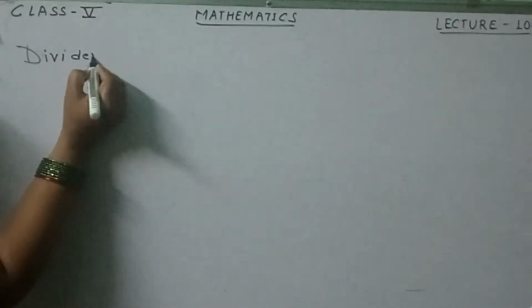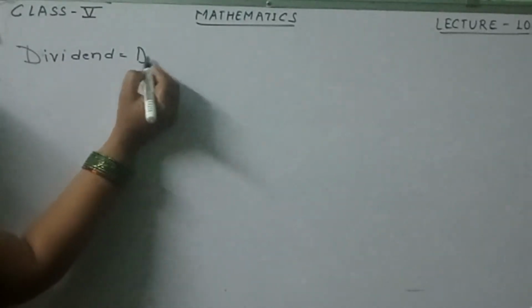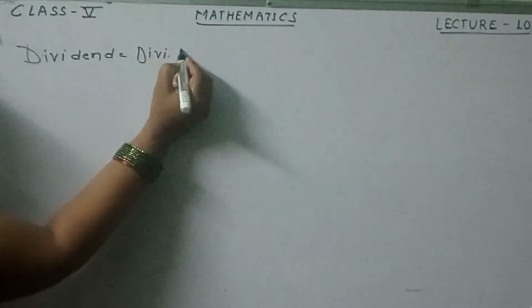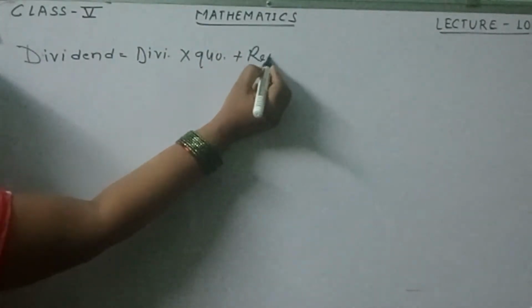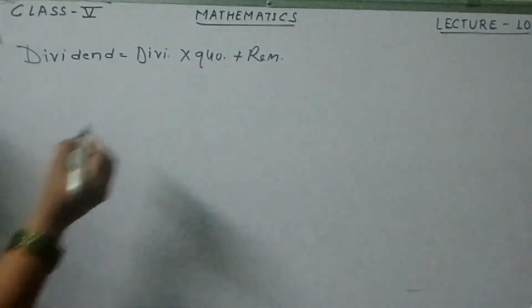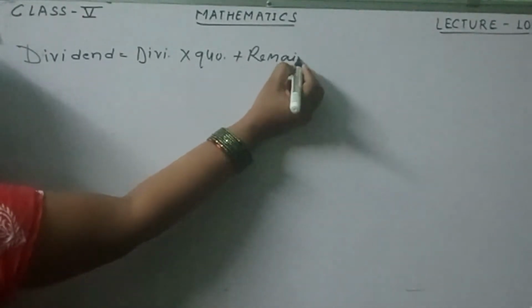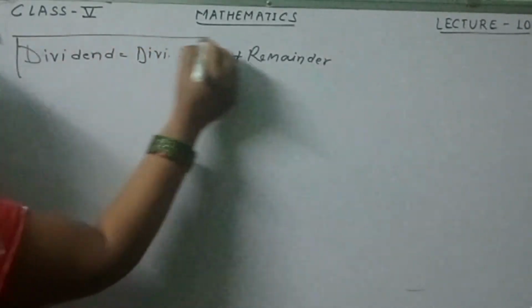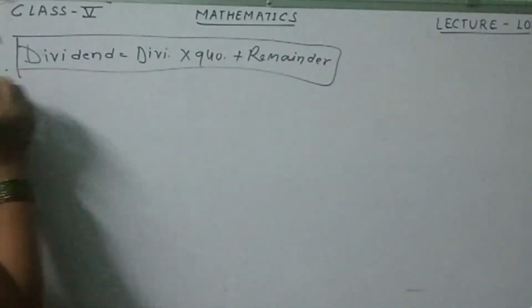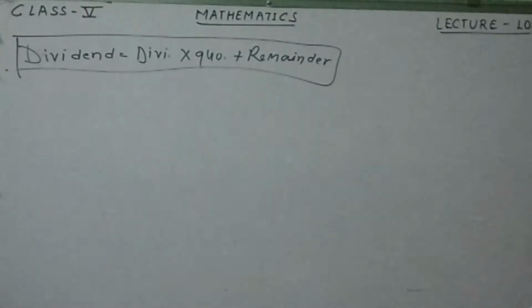Dividend is equal to divisor multiplied by quotient plus remainder. This formula I gave to you, and with the help of this formula we will check our division.